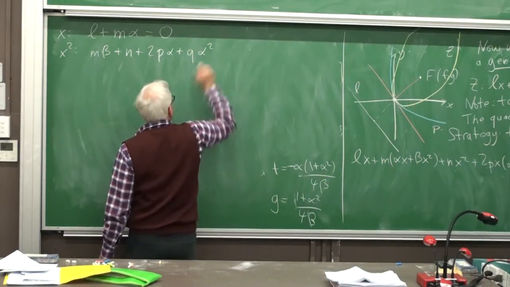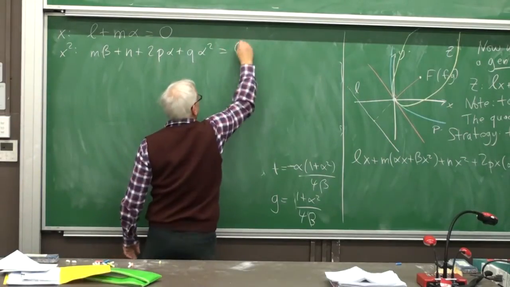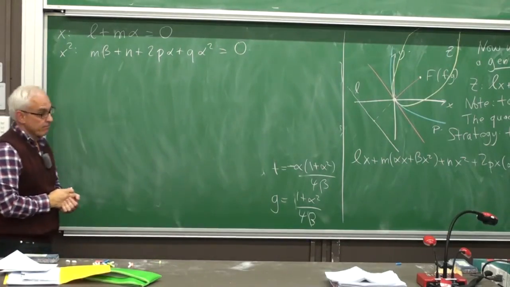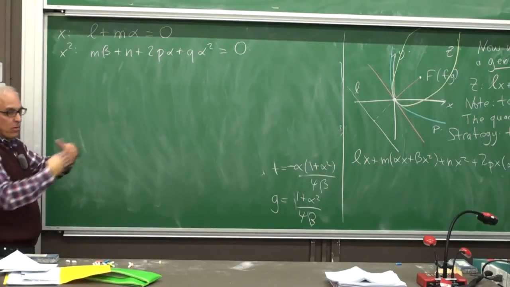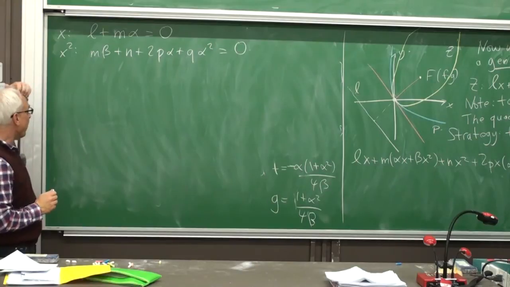So those are all the x squareds that appear in that expression, and we'll set them equal to 0. And we're ignoring all cubic terms and higher powers of x, so these are the relevant equations that we need.